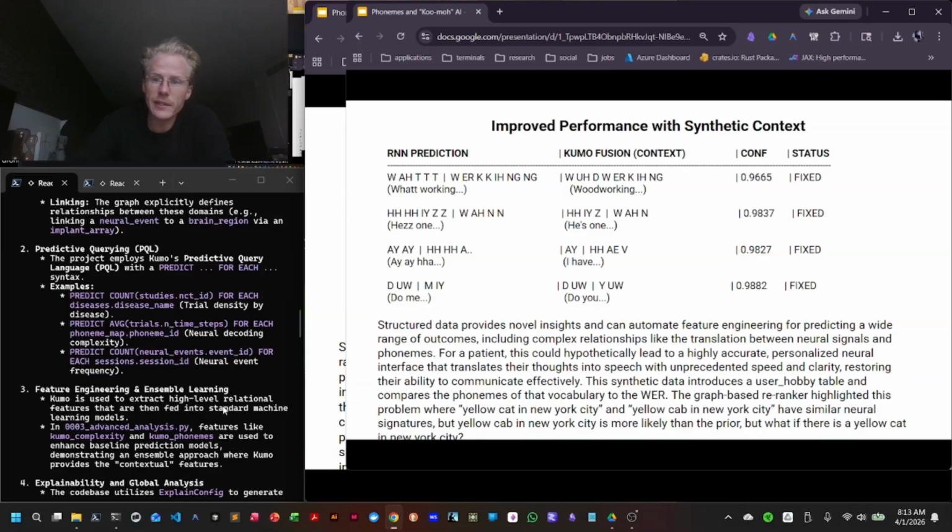So this was synthetic context that I had added, where I took that subject ID and I took, okay, this person is interested in woodworking. If they're interested in woodworking and that is known before, then when they see woodworking, it would reallocate or re-rank it based off of what was known to them prior.